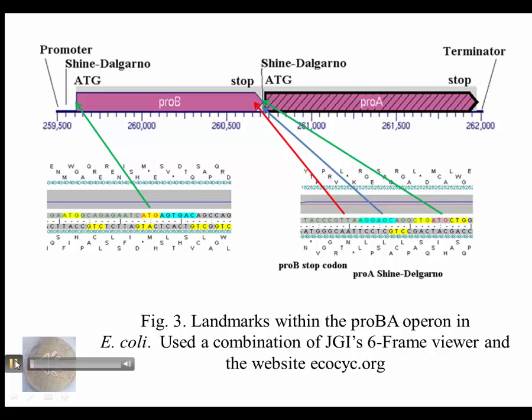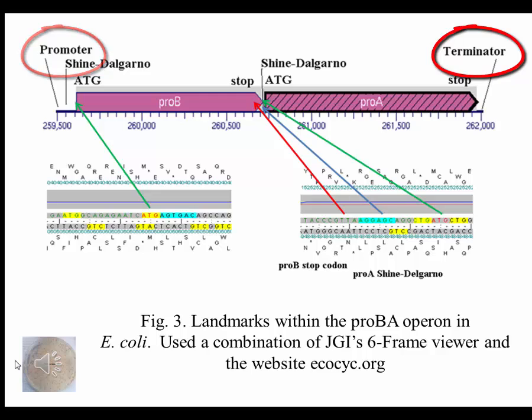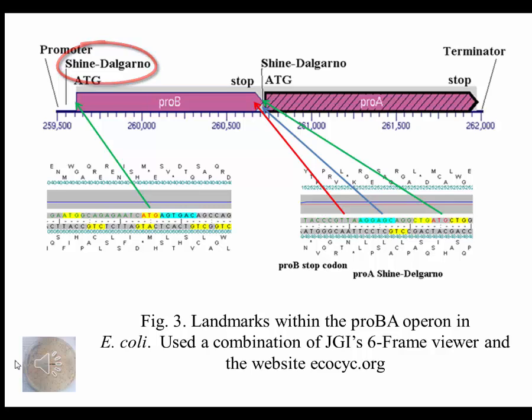What you see in this image is a schematic of the proB, proA operon found in E. coli. As you can see labeled on the top, there is a single promoter ahead of the proB gene. There is a single terminator behind the proA gene. It's anticipated that there is a Shine-Dalgarno sequence in front of the proB.